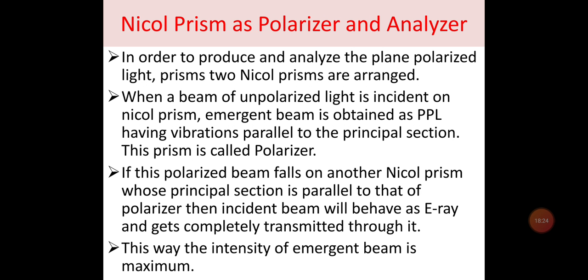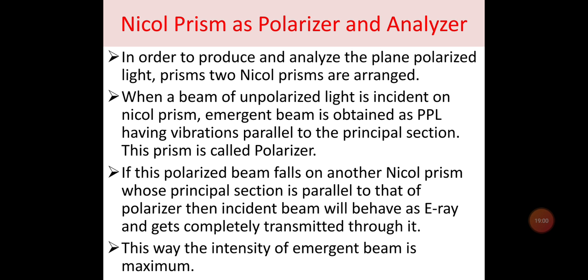Now the next topic is the uses of the Nicol prism. A Nicol prism can be used as a polarizer as well as an analyzer. To understand this, let us read these points: in order to produce and analyze plane polarized light, two Nicol prisms are arranged. When an unpolarized ray of light is incident on the first Nicol prism, the ray emerging from the polarizer is plane polarized, with vibrations in the principal section of the polarizer.